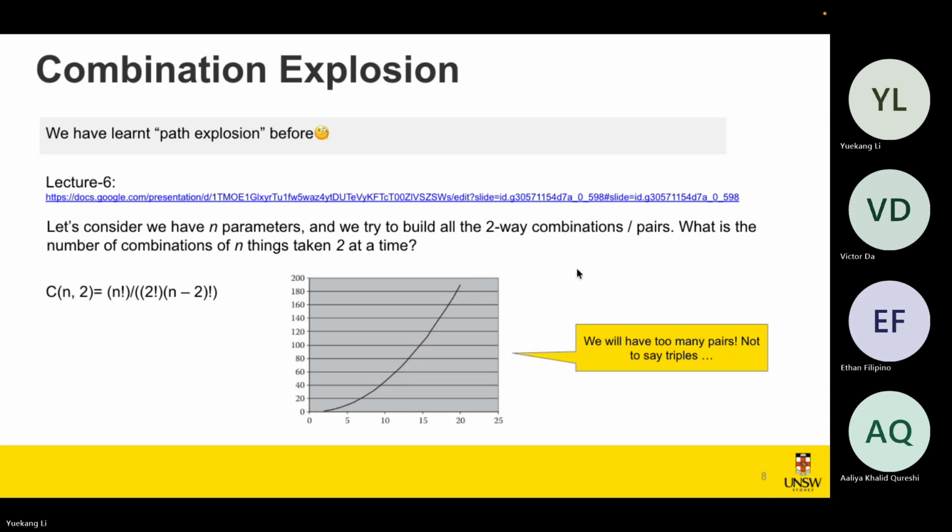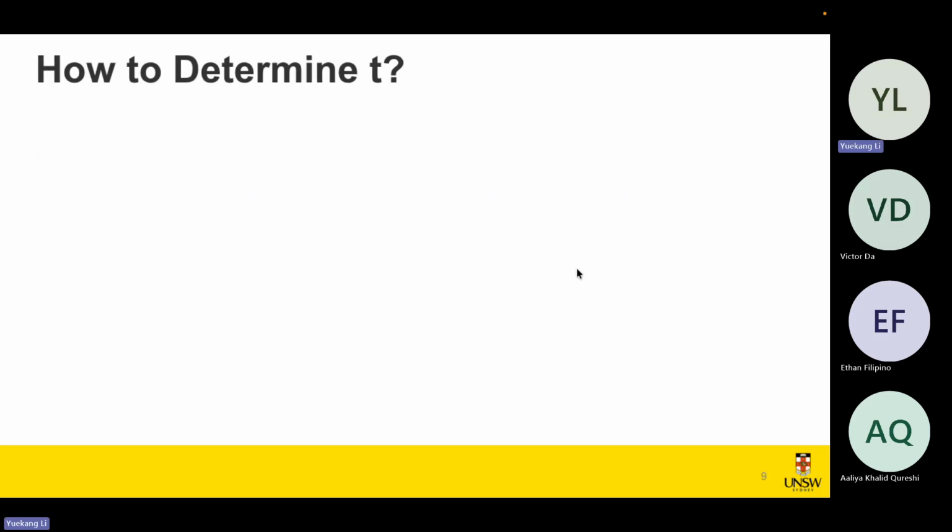So we may need to limit the value of t to a certain level, to somehow mitigate the path explosion problem, right? If t takes a larger value, we may have a larger number of combinations. So how to determine the value of t is a practical problem we are facing.